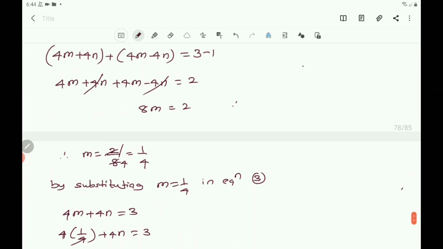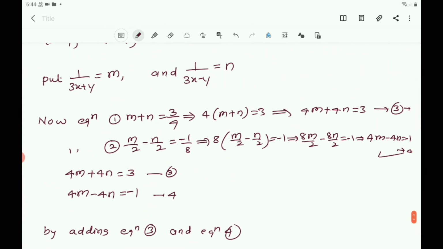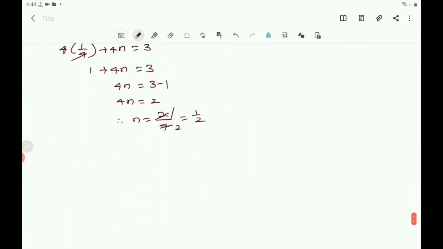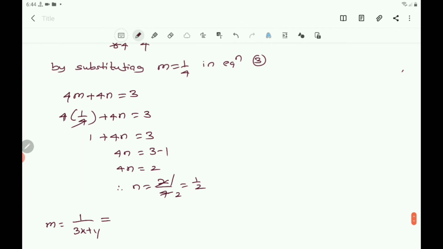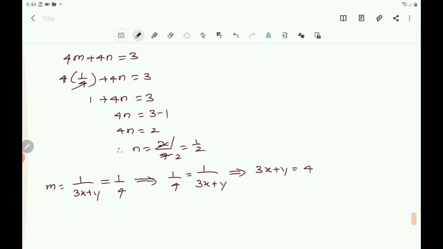Now here you have taken m is 1 by 3x plus y and n is 1 by 3x minus y. So you take m equals 1 by 3x plus y, that equals 1 by 4. That implies 1 by 4 equals 1 by 3x plus y, that is 3x plus y equals 4 you got.